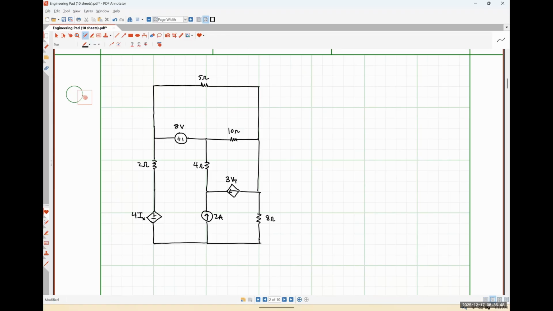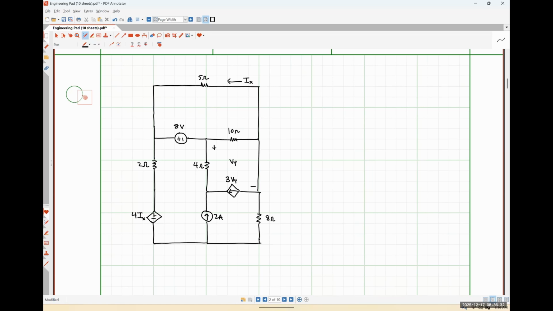All right. So let's say that this will be our current IX. And let's make this voltage across that diagonal VY.